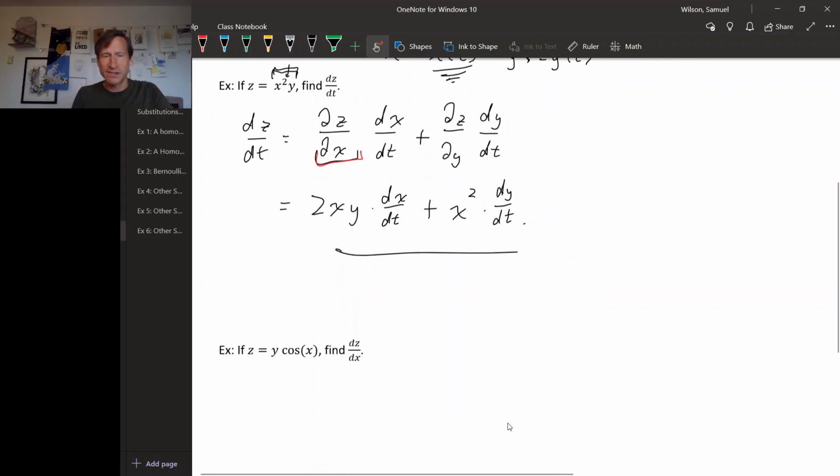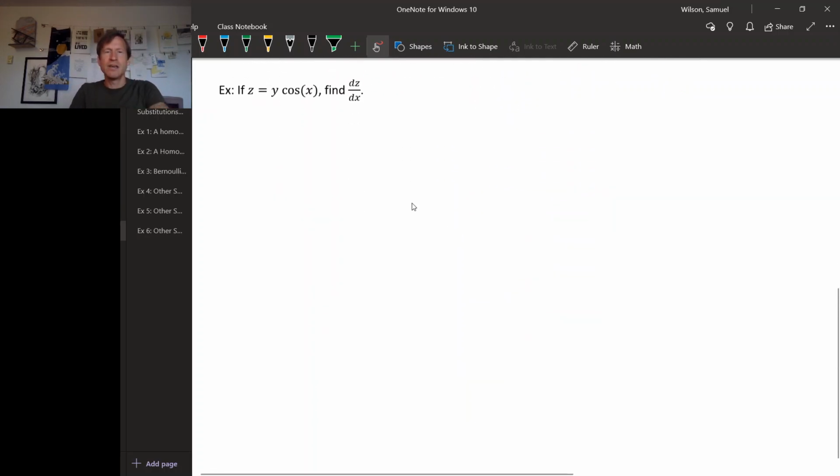All right, let's look at one more example. If z is y times cosine x, let's find dz dx. Now this is different than our previous examples because z depends on x and y, and then x. So since we're taking the derivative with respect to x, I'm implying that x is the bottom level variable here.